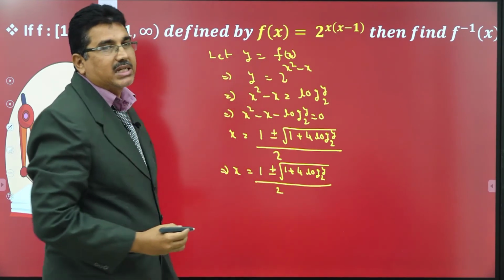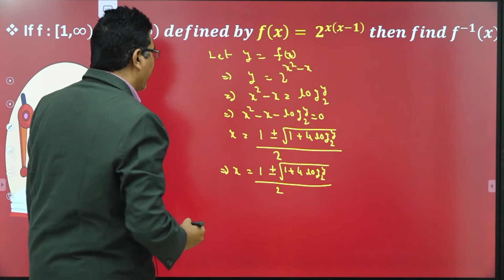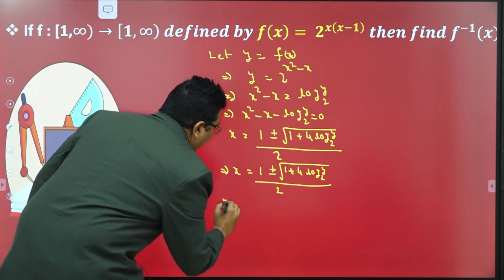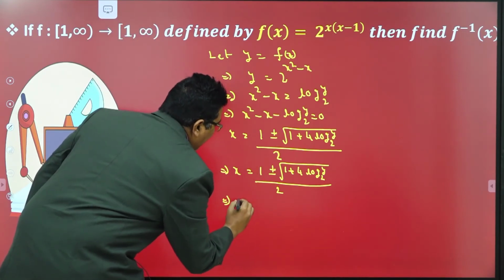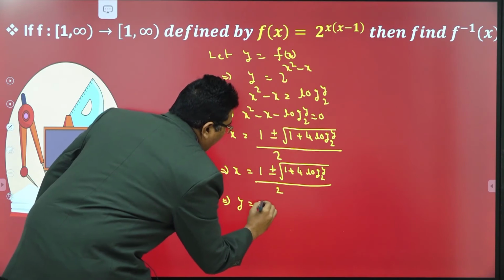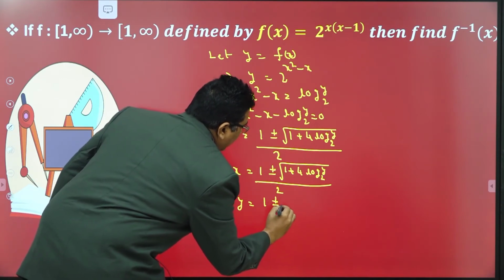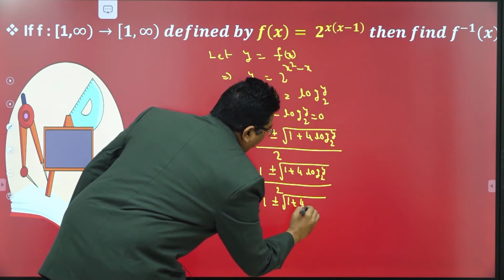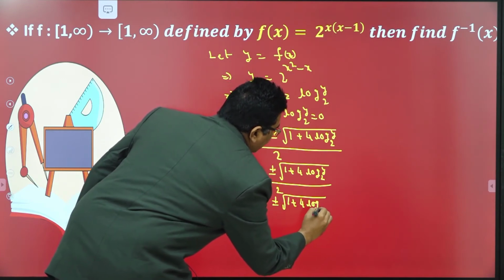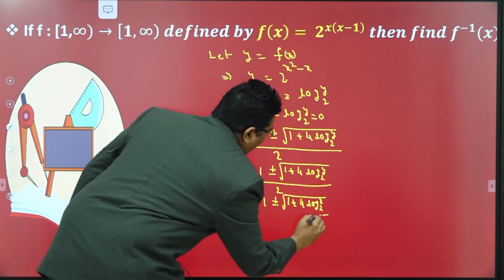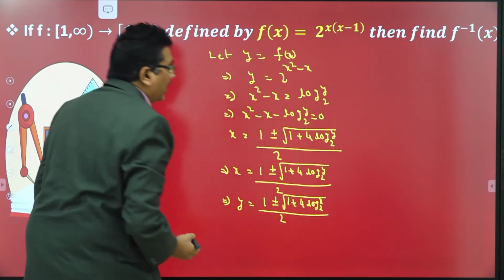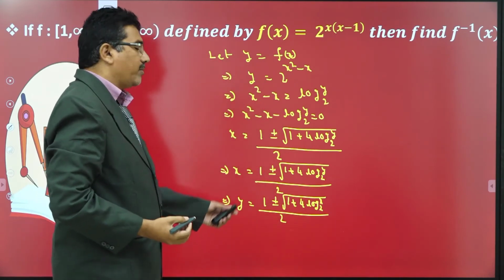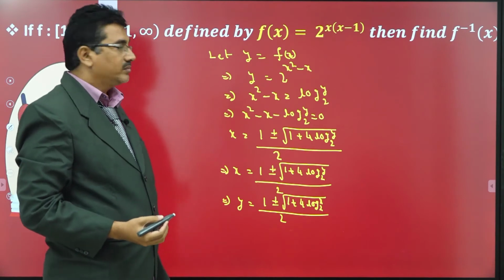Now, interchange x and y, that implies y is equal to 1 plus or minus square root of 1 plus 4 into log x base 2 divided by 2. Right, is this possible or not?